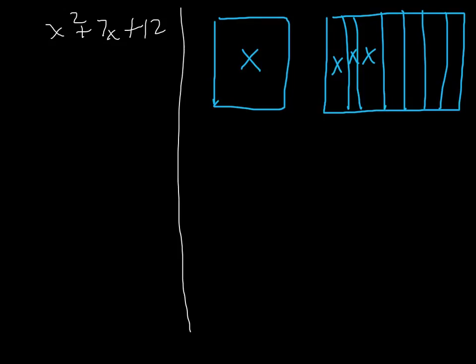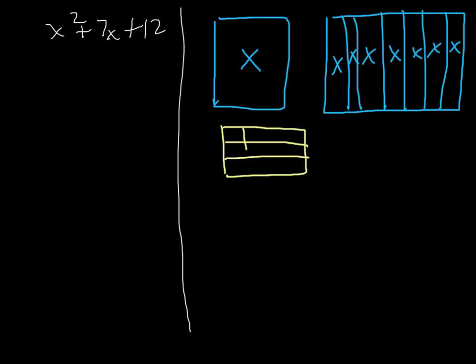They're not the most perfect x's, but they'll do. And then I have 12 ones. So these are the pieces I have to place and make a rectangle out of it.